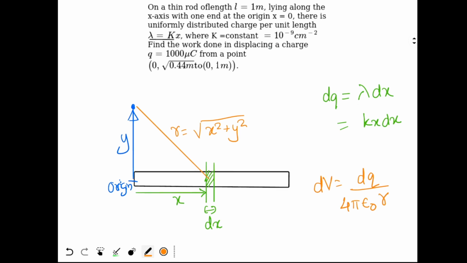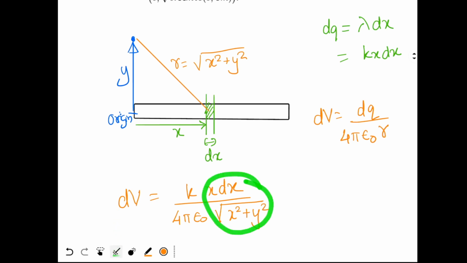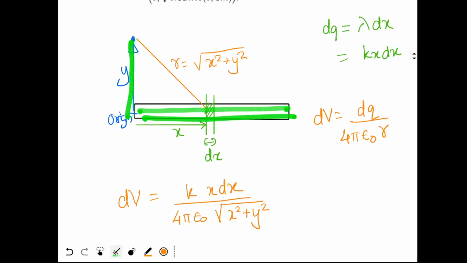Now we simplify this. So dV will be equal to kx dx by 4 pi epsilon naught root of x square plus y square. Now in this formula, y is a constant. We are just changing x. So y is constant, x is variable.